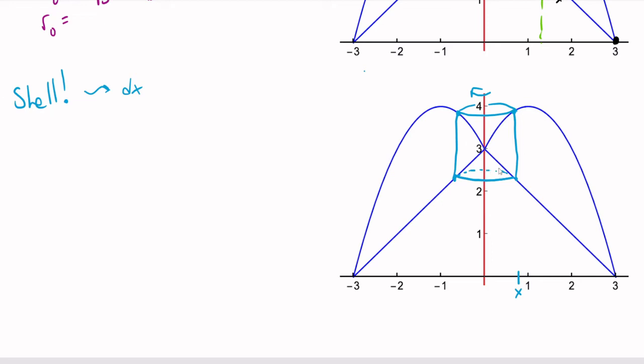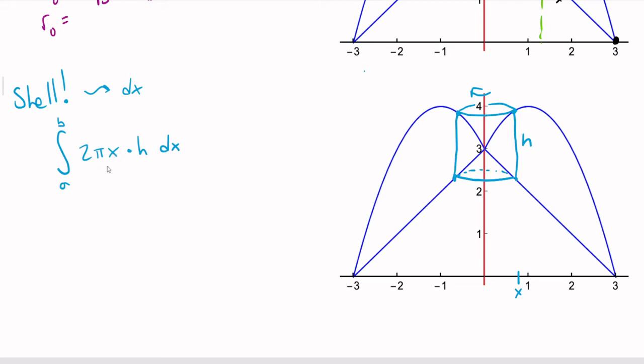Okay, so what do we need for the cylinder? Let's recap from the formula. Well, the formula, remember, was the integral from a to b of 2 pi x times the height dx. Now, I just left it as height because this is actually a little tricky way to think about this. This is the height. Okay, so then let's just double check here.